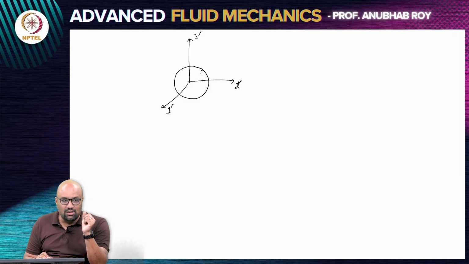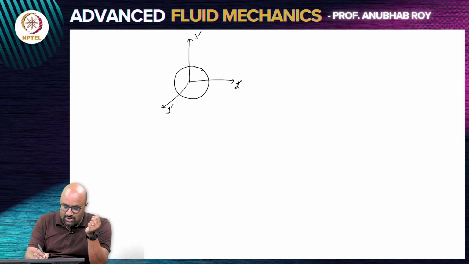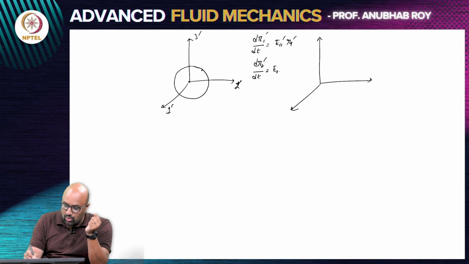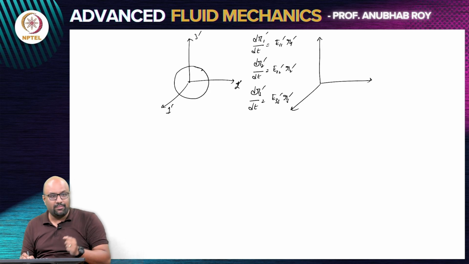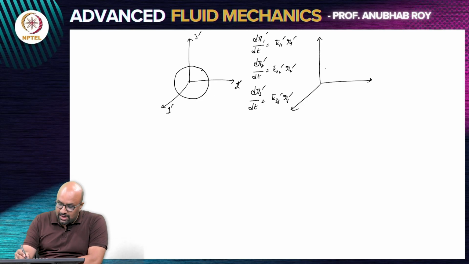Now, every point on the surface of the sphere is going to move because the velocity at the origin and the velocity at any point on the surface of the sphere are not the same. How is it going to move? The equations we have already written down: dr1 prime/dt is E11 prime r1 prime, dr2 prime/dt is E22 prime r2 prime, and dr3 prime/dt is E33 prime r3 prime, which means this sphere is going to become an ellipsoid.